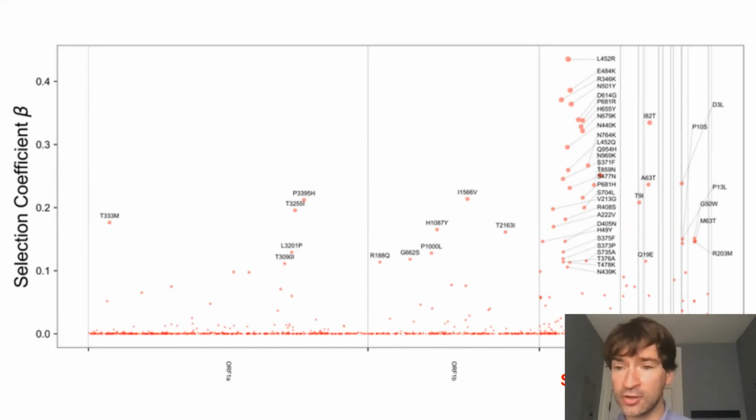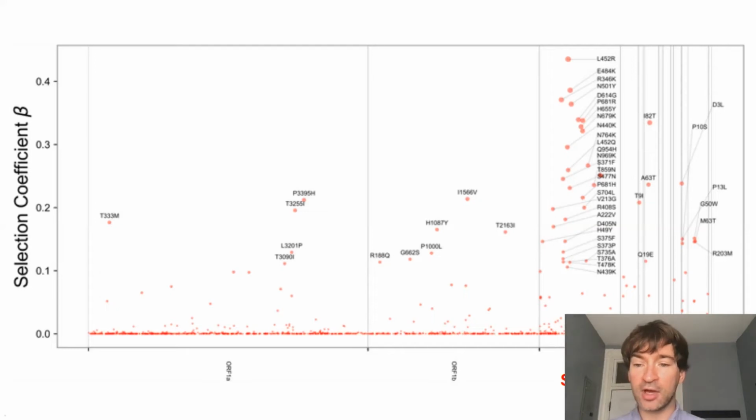And if you take a closer look at this, you can see there are a few other hotspots, and some of them are in parts of the genome where the biology is better characterized, and some of them are maybe a bit more mysterious or hard to understand. But all of this just points to some of the advantages of this kind of agnostic genome-wide analysis, which is that we don't have to go in with some specific hypothesis and, let's say, only focus in on the S region of the genome.